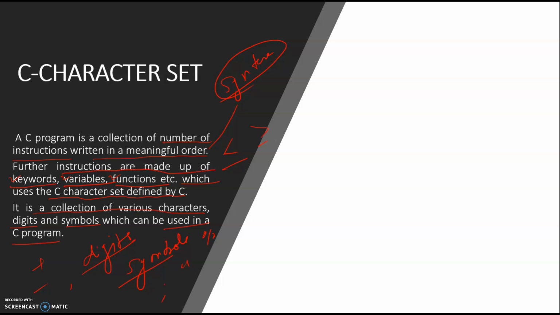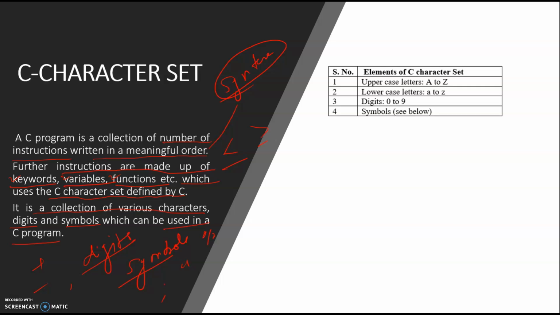I have presented a table to explain the different character sets which you can use for writing your C program. C supports these 4 character sets. You can use all uppercase letters, A, B, C till Z. You can use lowercase letters, small a to small z.